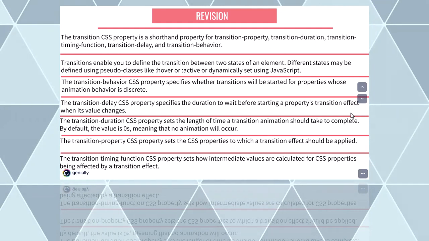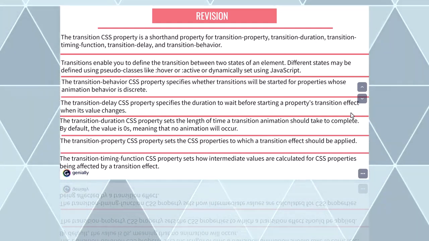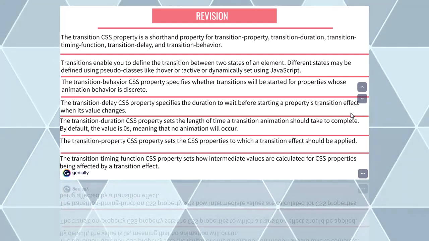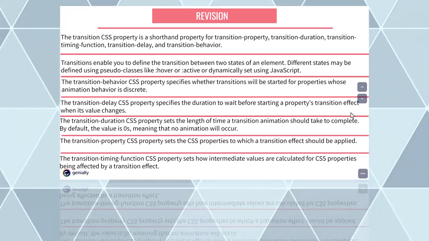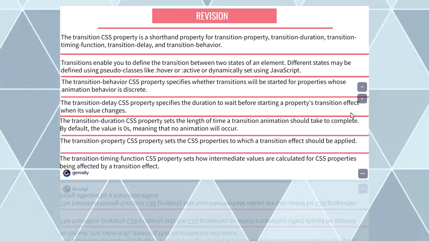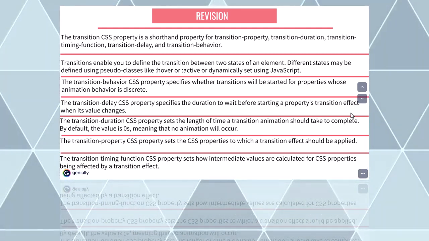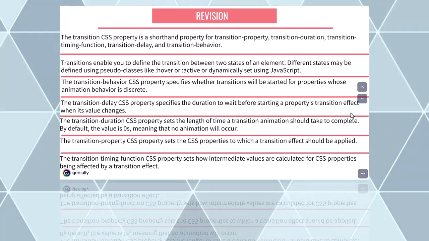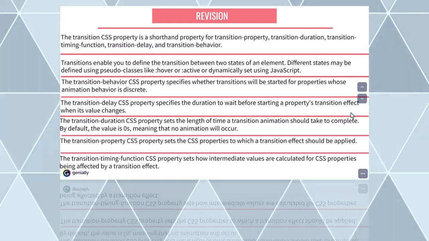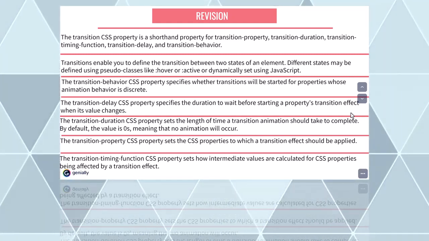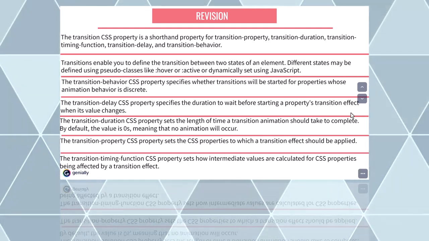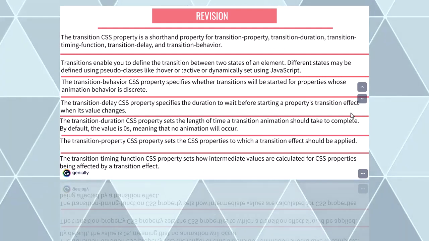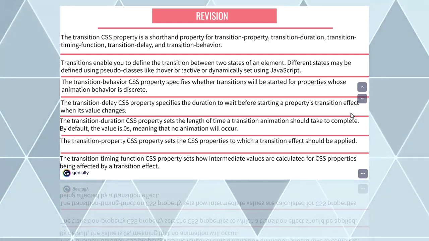Let's say, for example, on transition-property, that's where we choose what properties we are animating, right? So it goes to the second one. It says how your background is calculated if you are using the background to be animated, right?